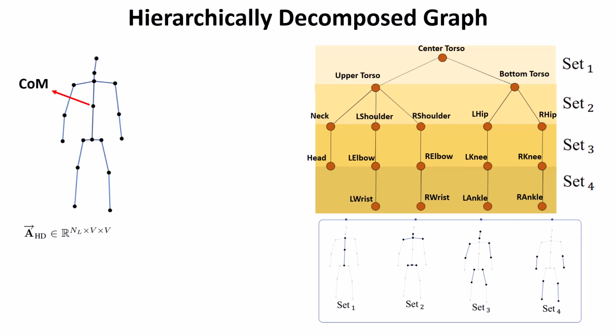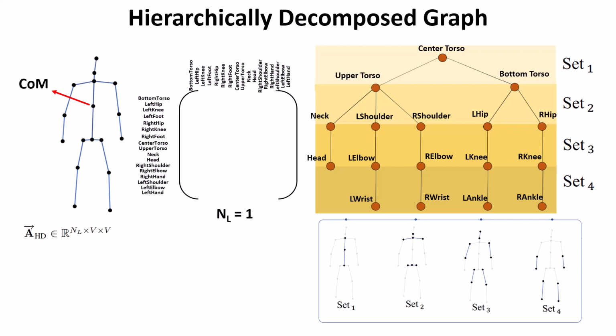So before it could be like 17 by 17, but now it is 4 times 17 by 17. Why 4? Because we have 4 different edge sets. And to further elaborate, let's say for the first edge set, we have a matrix like this, which should represent which joints are connected to which joints.